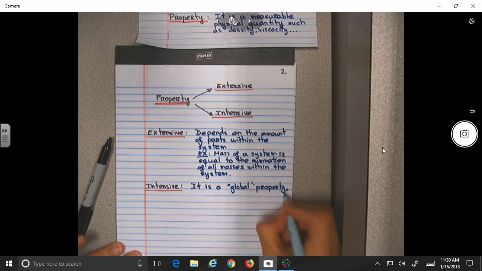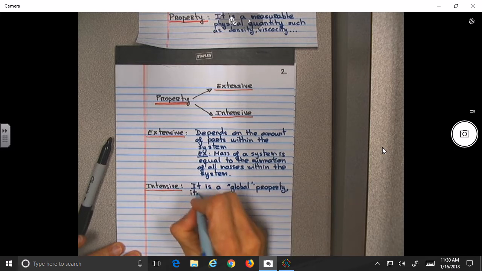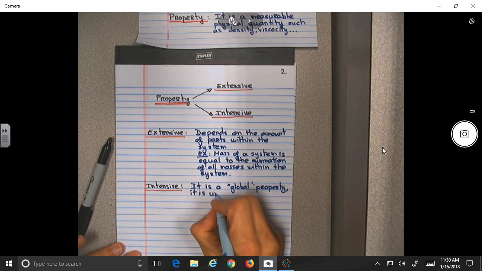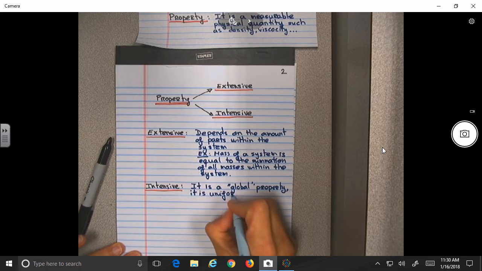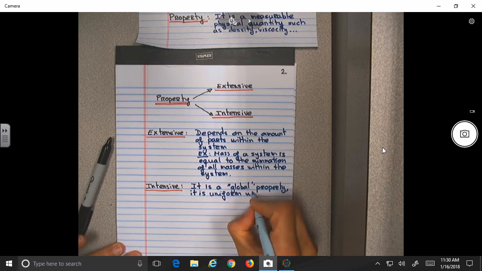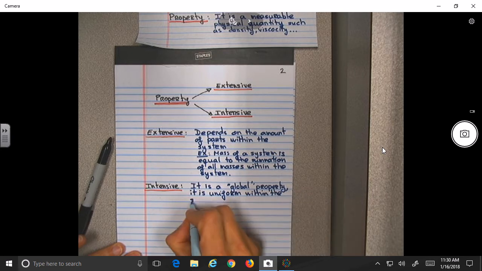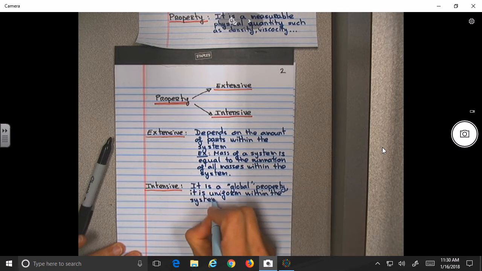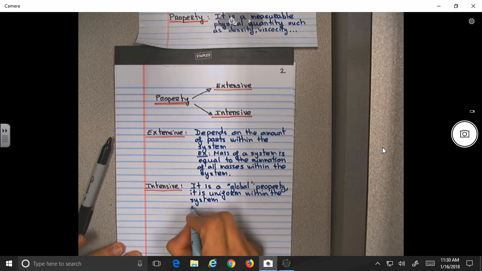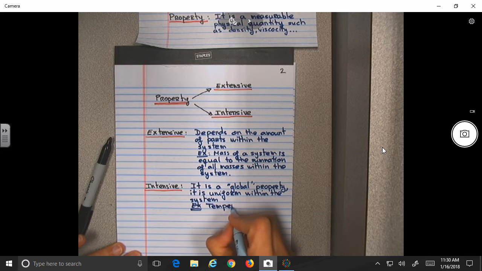We can just say it is uniform within the system. And we can use as an example what?